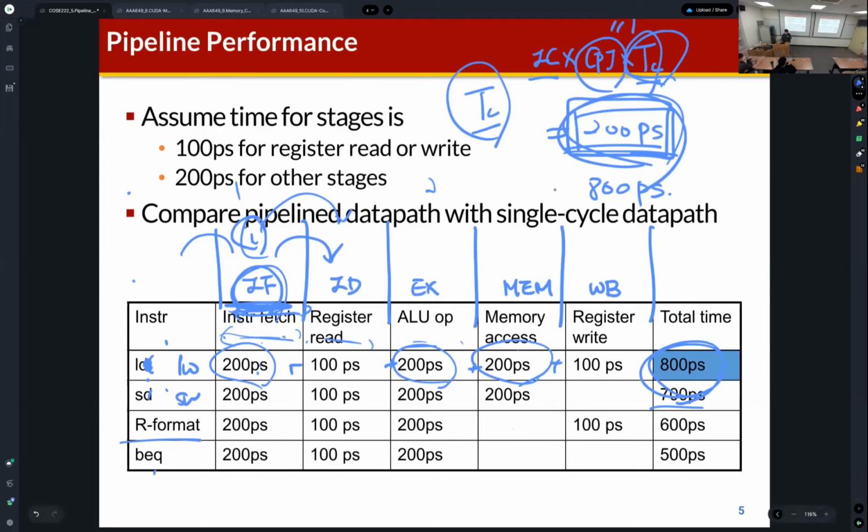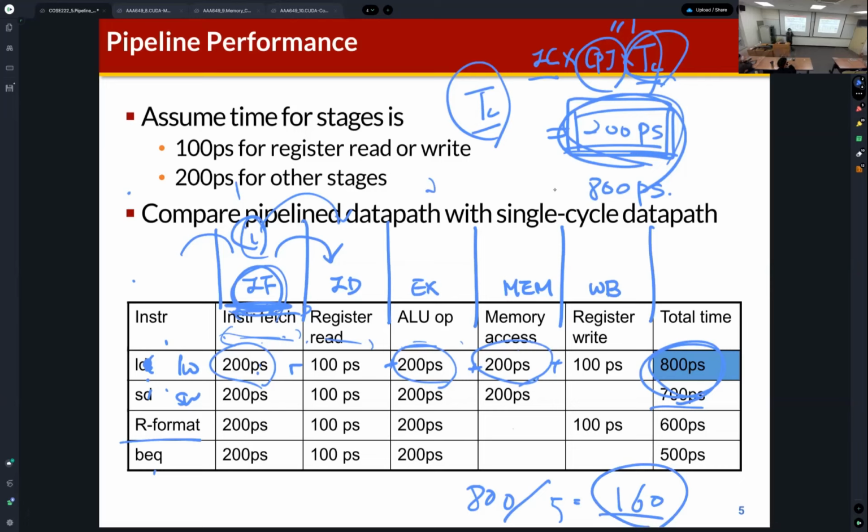If we use this configuration and split this single cycle processor design into 5 stages, then if this delay is balanced, it's divided by 5, which is 160.